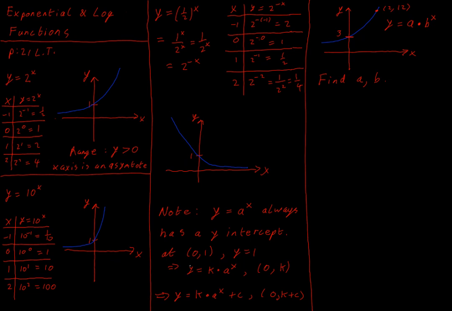But again, this is what our note points out here. You can see for all of these basic functions, we end up crossing the y-axis. The y-intercept is always going to be 1. But if we had some constant, if we had 5 multiplied by this function, what effect would that have?